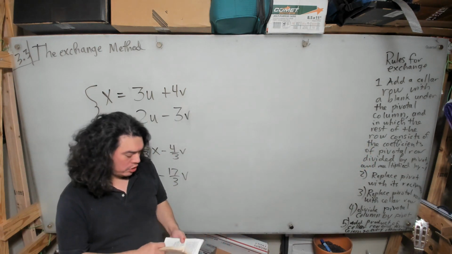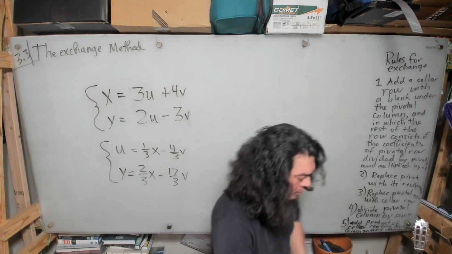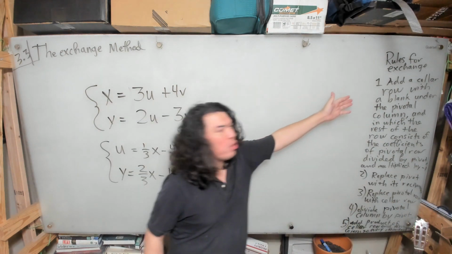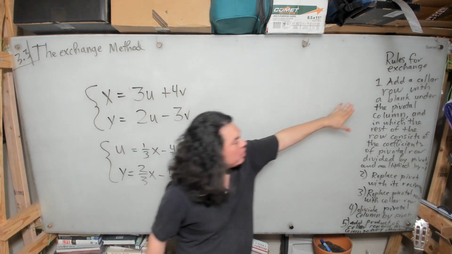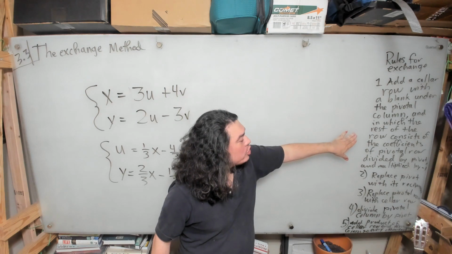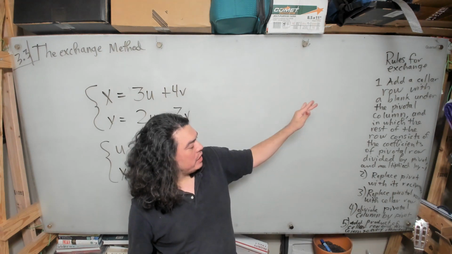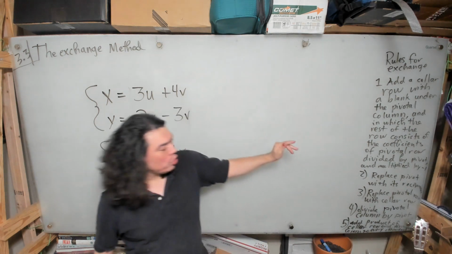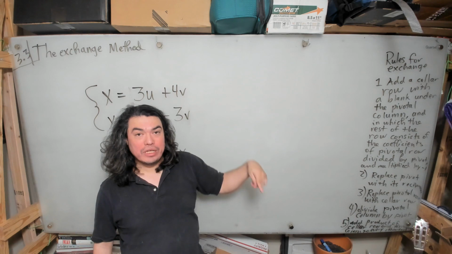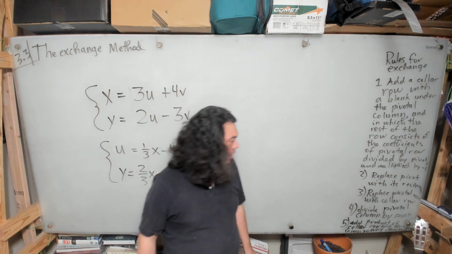Okay? So the first thing that we do is that we add a row, which we're going to call the seller row, with a blank under the pivotal column, and in which the rest of the row consists of the coefficients of the pivotal row divided by the pivot and multiplied by -1. We're going to replace the pivot in the new tableau with its reciprocal. Okay?